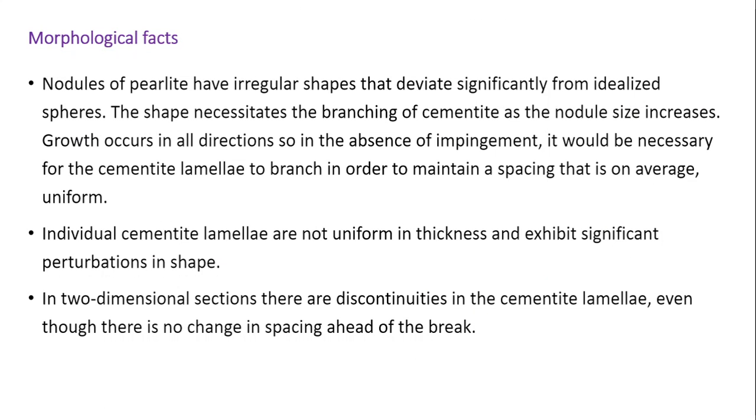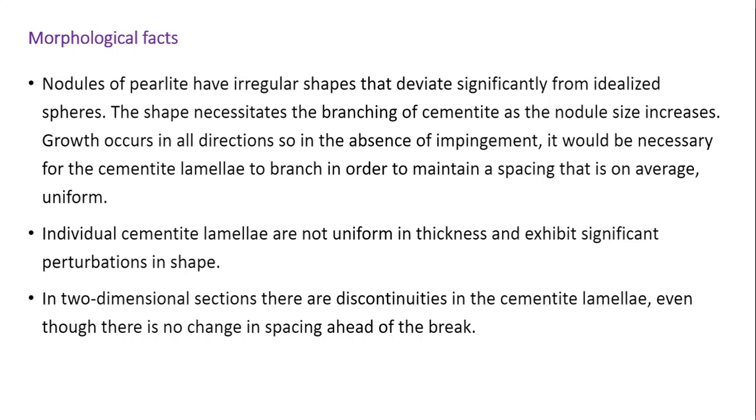So here are some morphological facts about the perlite transformation. Nodules of perlite have irregular shapes that deviate significantly from idealized spheres. The shape necessitates the branching of cementite as the nodule size increases. Growth occurs in all directions, so in the absence of impingement, it would be necessary for the cementite lamella to branch in order to maintain a spacing that is on average constant or uniform.